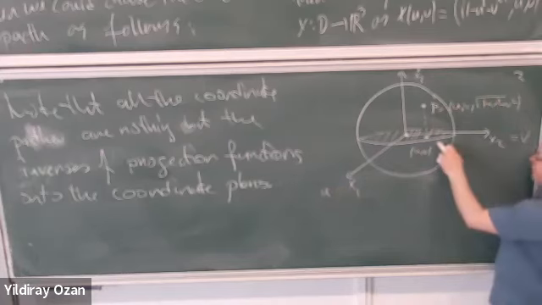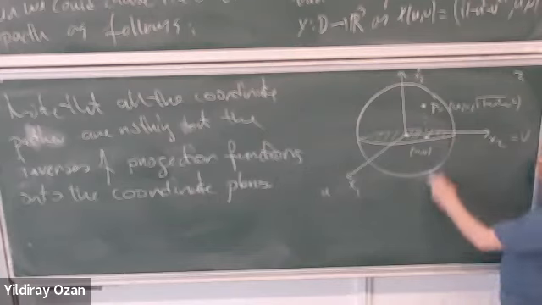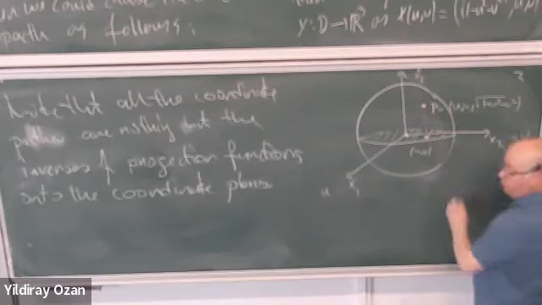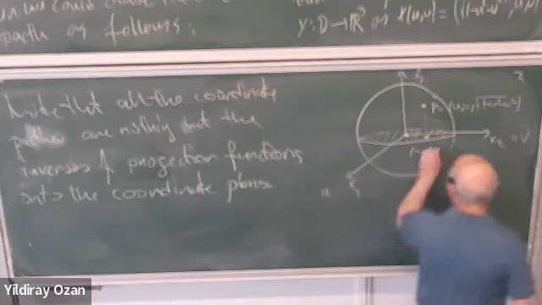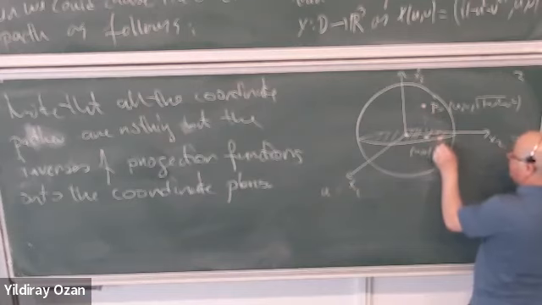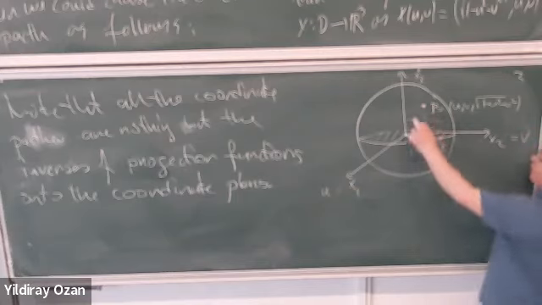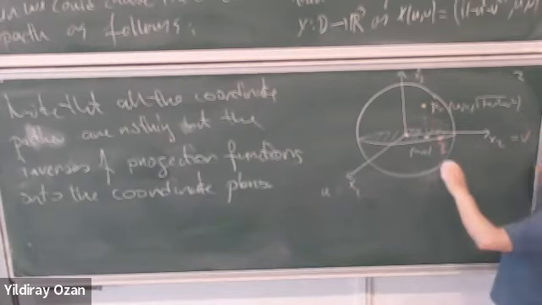Of course, that wouldn't give a coordinate patch for a point which is on the equator. If you are at a point which is on the equator, let's say like this, suppose your P is here, then you would choose projection onto the x1, x3 plane.